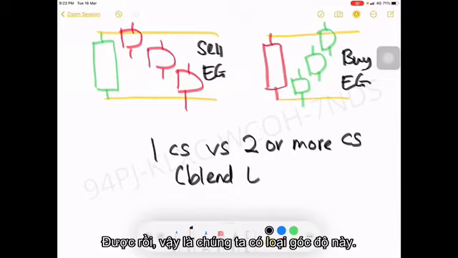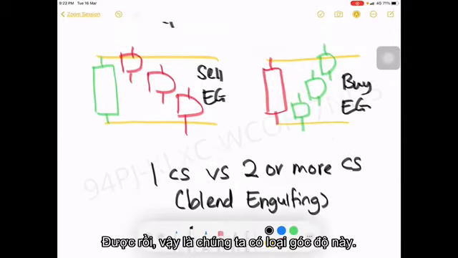One candlestick or more candlestick, we can call it engulfing.